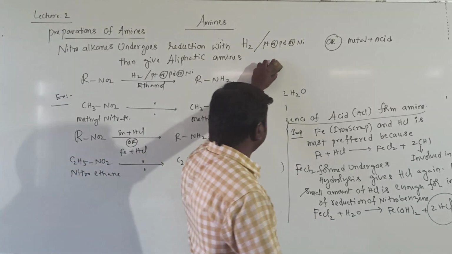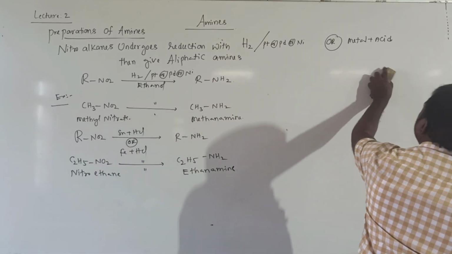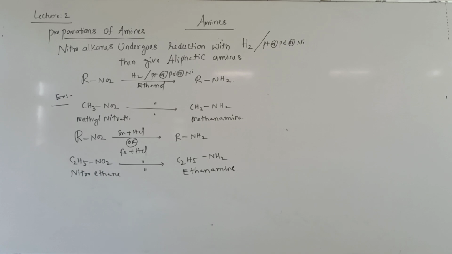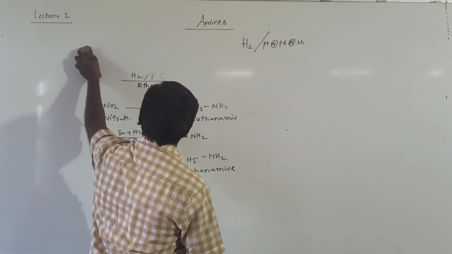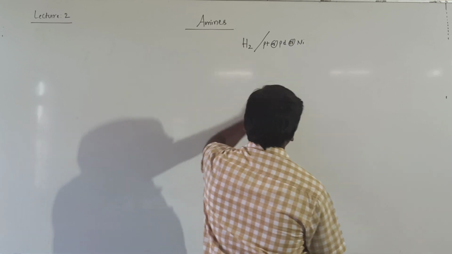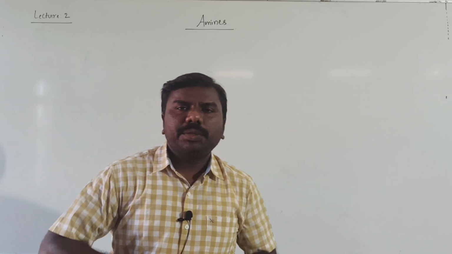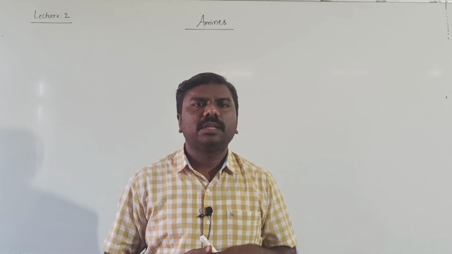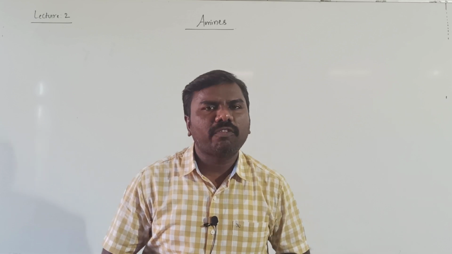Second one, that is ammonolysis. Second method is ammonolysis. By ammonolysis of alkyl halides or benzyl halides, amines will be formed. You read in the first organic chapter, that is haloalkanes and haloarenes. Carbon and halogen bonds in haloalkanes will be broken by a nucleophile.